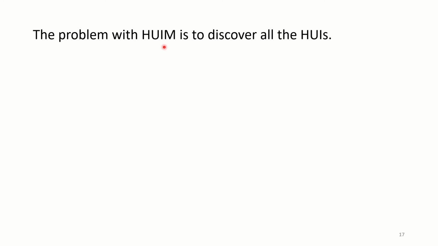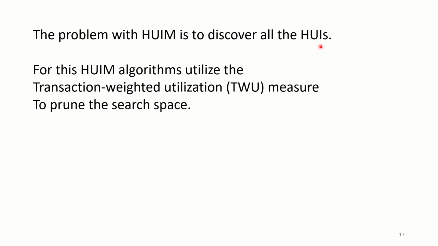The problem with high utility item set mining is to discover all the high utility item sets. For this, high utility item set mining algorithms utilize the transaction weighted utilization, or TWU measure, to prune the search space and narrow down the focus.